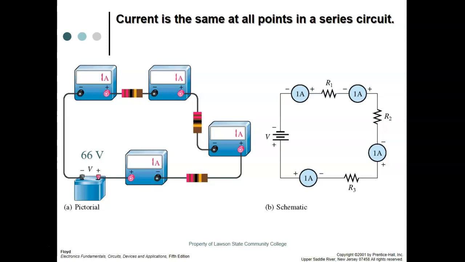All right, so current is the same at all points in a series circuit. I don't care what the resistance is. For each resistor, what I'm saying is your current is not going to change. Like I said, just like a train. Once that engine takes off, the speed it goes is the speed it goes, right?